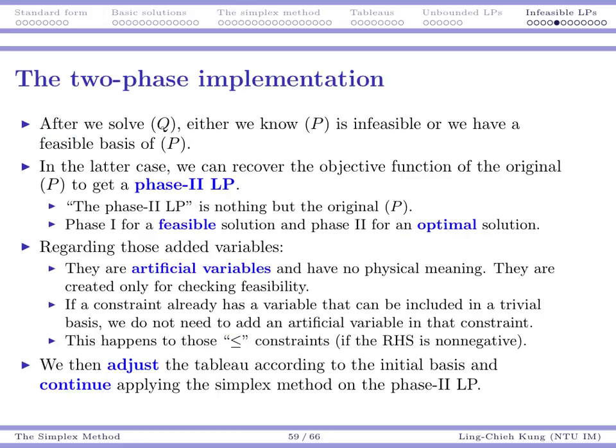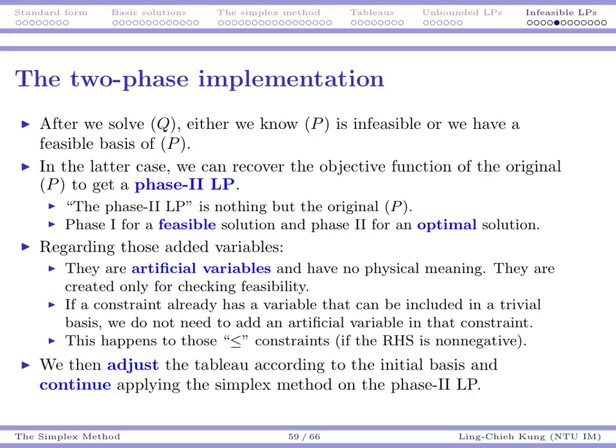So in general, our plan is to have a two-phase implementation of a linear program, or a two-phase implementation of our simplex method. We want to solve P, so phase 1 is to solve Q to see whether P is infeasible or not.